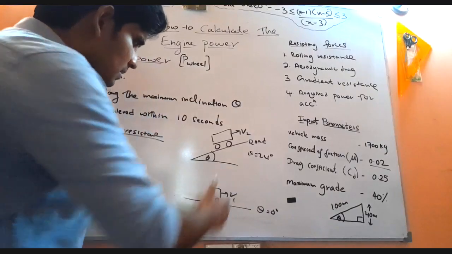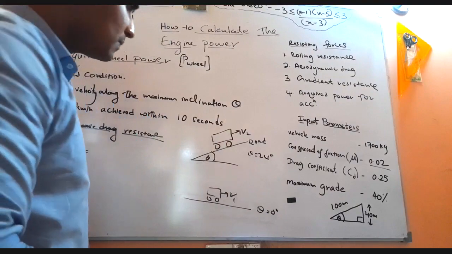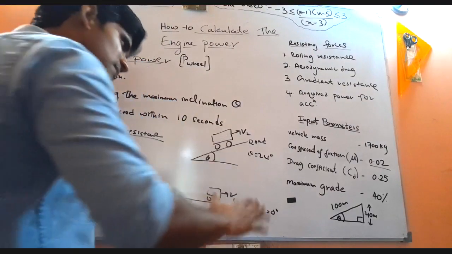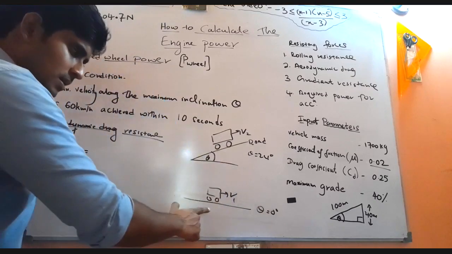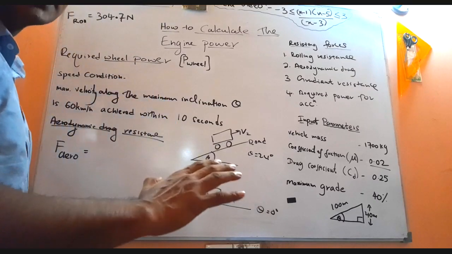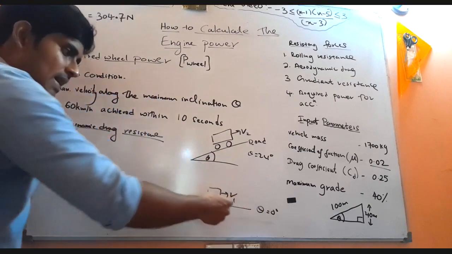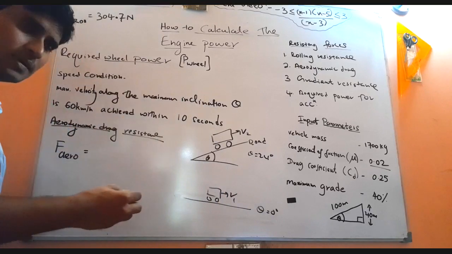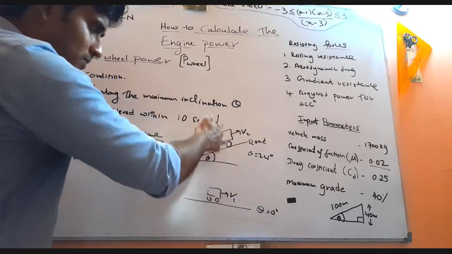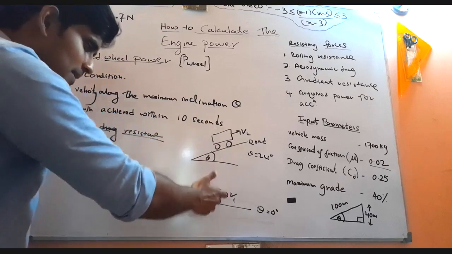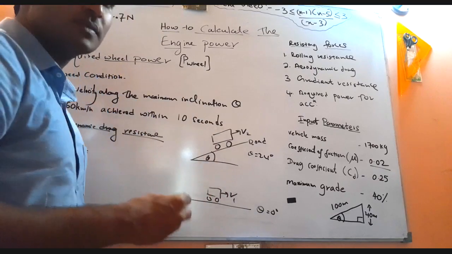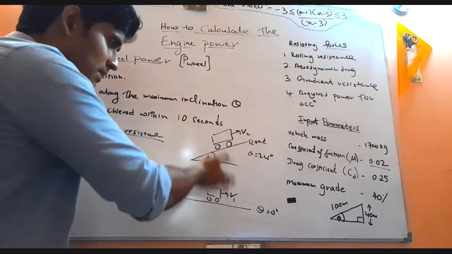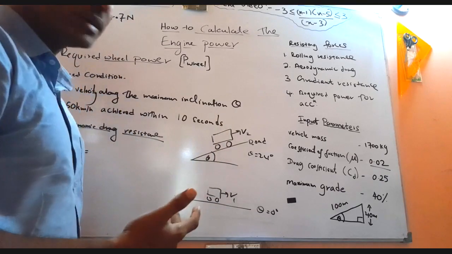So now consider these two different scenarios. Here the road inclination is theta, which is the maximum inclination. Here there is no inclination, because the inclined angle is 0 degrees. Now if you consider the same engine power of the automobile, because this is the same vehicle, the design maximum power cannot change.